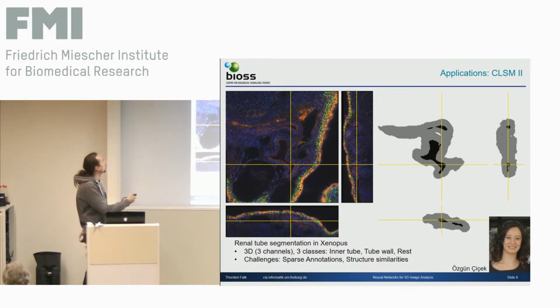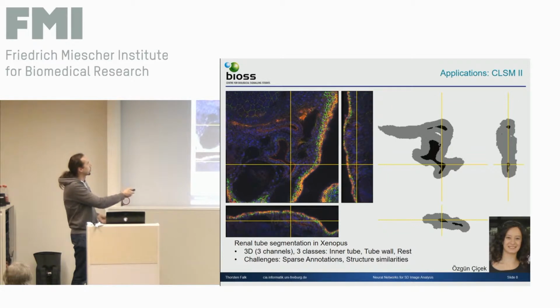As you can see here, it is just kidney tissue of a mouse. And there you have these tubular structures, where you see there's black, which means it's internal of the tube. Then we have 2 membrane markers and the nuclear markers. So we have 3 channels here. And from these 3 channels, we can easily segment, first of all, the tubule itself, then the surrounding cells that form the tubule, and the rest of the tissue, which is shown in white here.